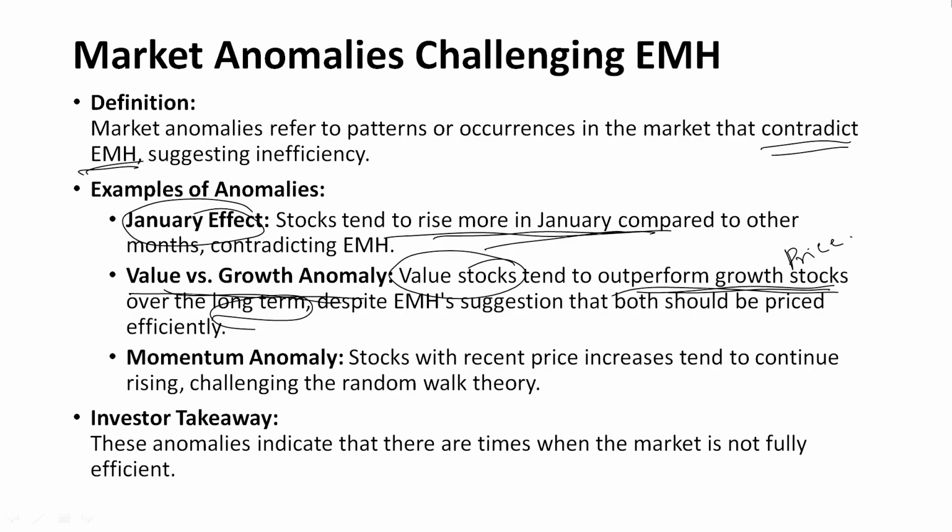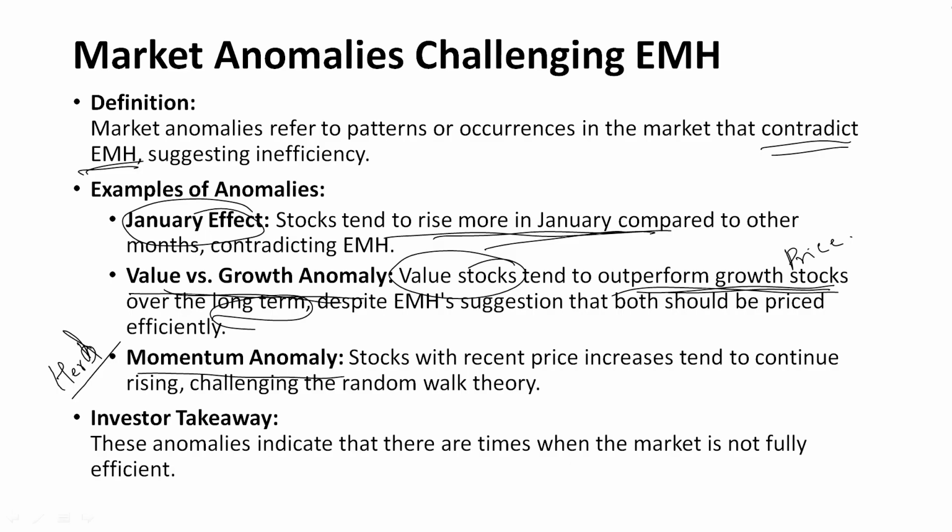And third is momentum. As I told you, it's something equivalent to herd behavior, which you have seen in the earlier slide, where a certain momentum is created in the market, and based on the momentum, you say that this is likely to happen, but that may not be the reality.